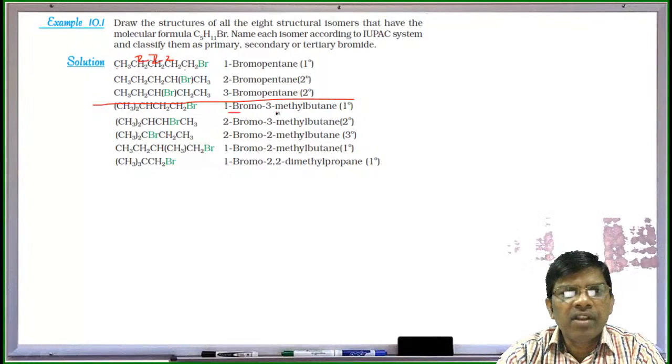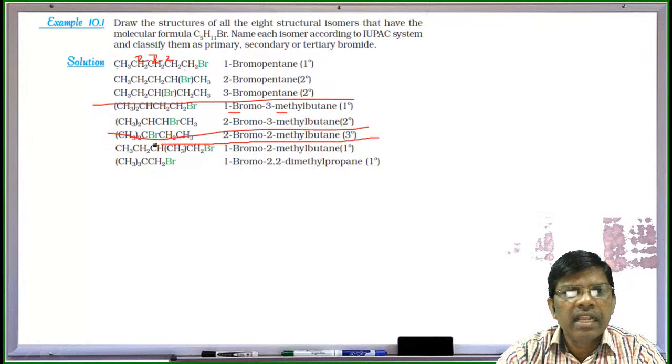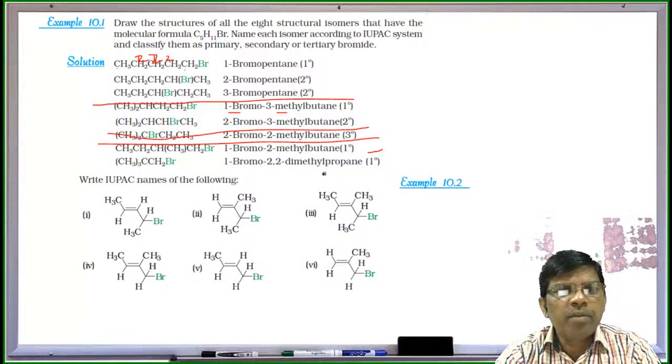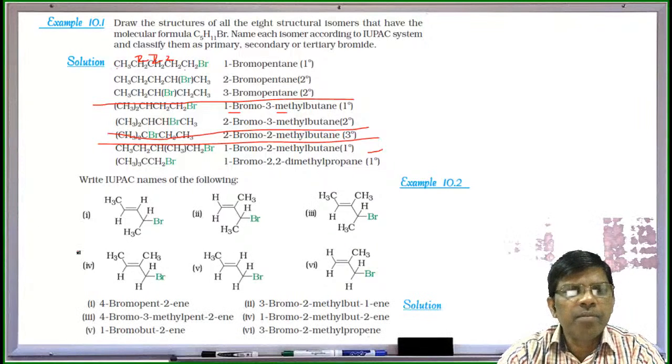Alphabetical order is followed, bromo then methyl, right? 2-bromo-3-methylbutane, then 2-bromo-2-methylbutane, and 1-bromo-2-methylbutane, and 1-bromo-2,2-dimethylpropane. Like this you can write the examples. Write IUPAC names. This is very important, students.